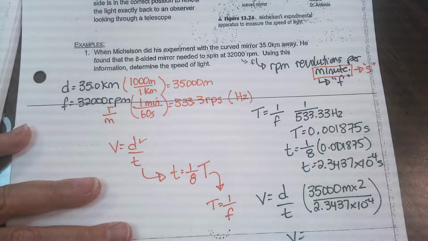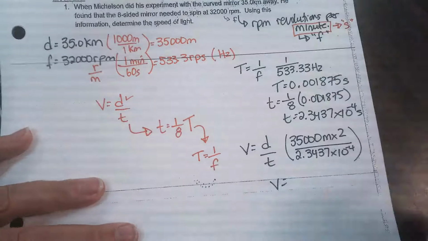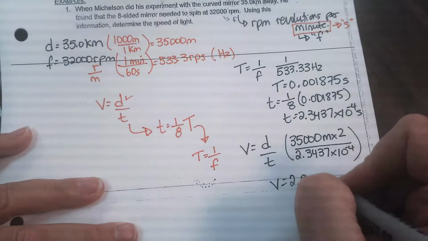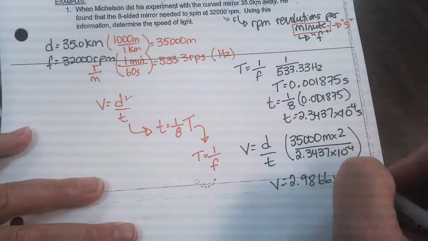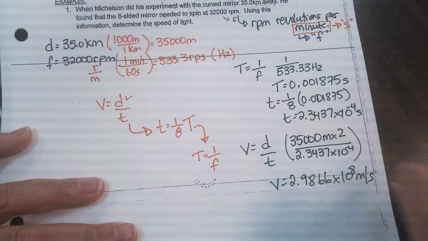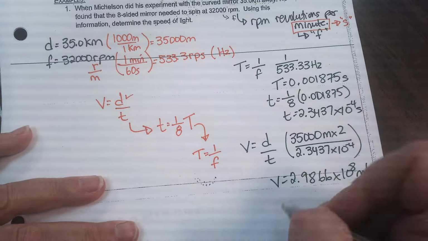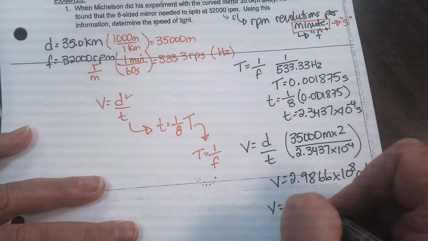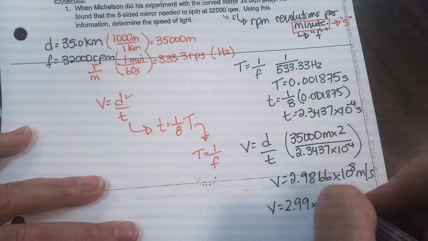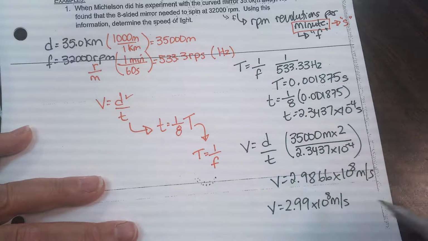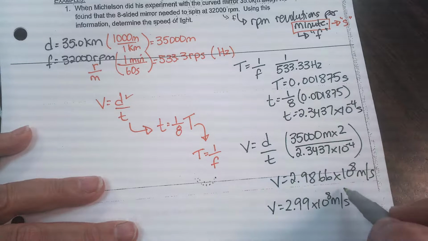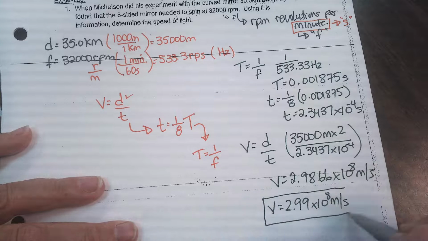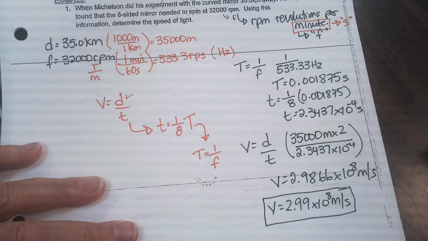And so our velocity is equal to, and when I look at significant digits in the question, 2.99 times 10 to the 8 meters per second. And back in the day of Michelson's, this can be considered incredibly accurate.